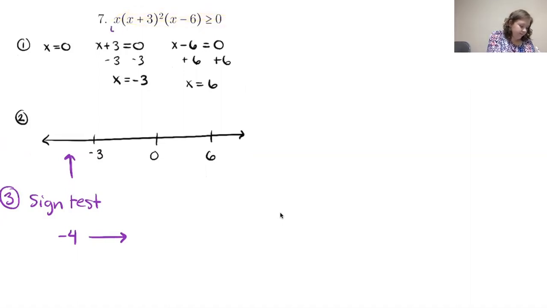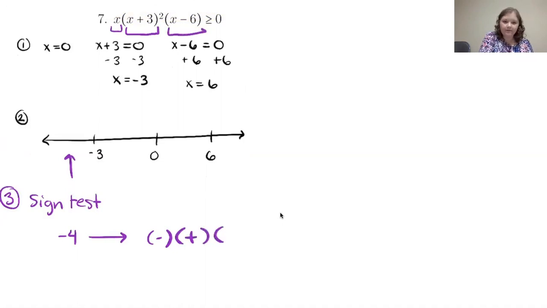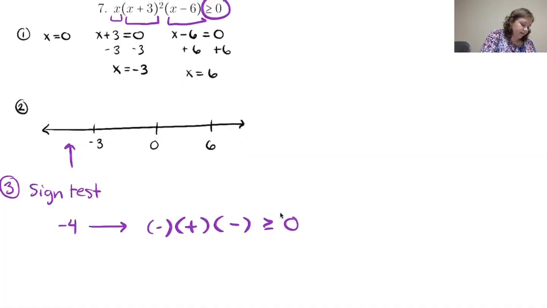So -4 is negative. -4 plus 3 squared, anything squared becomes a positive automatically, so that second term is positive. And then we have -4 minus 6, which is negative. And we will say, is that greater than or equal to 0? So negative times positive times negative is a positive, greater than or equal to 0. That is true. So yes for that one. And shade the interval.